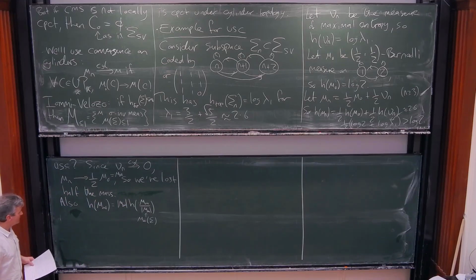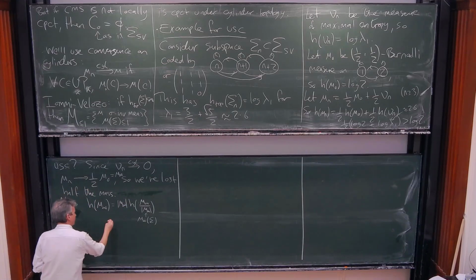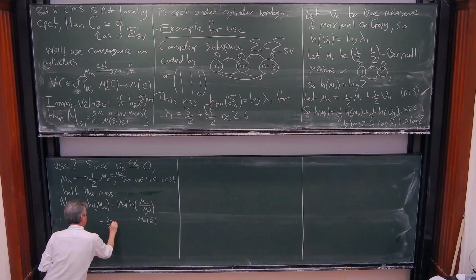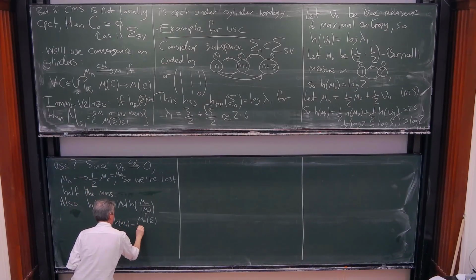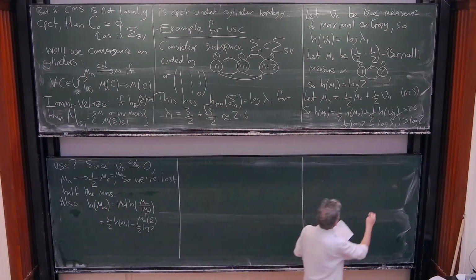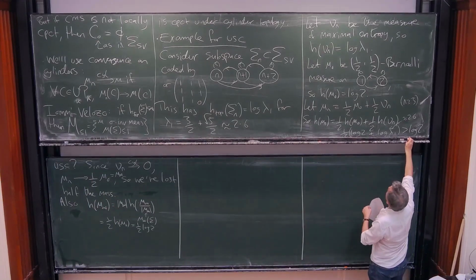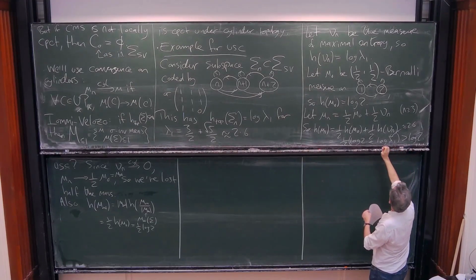So that's just a half times h of mu 0, and that is equal to a half log 2.